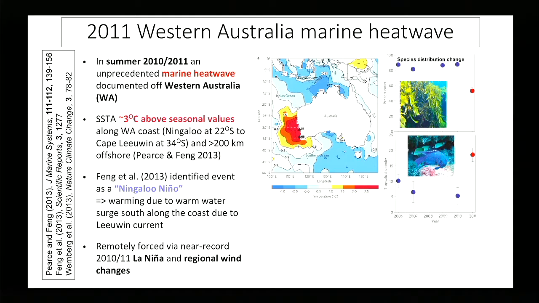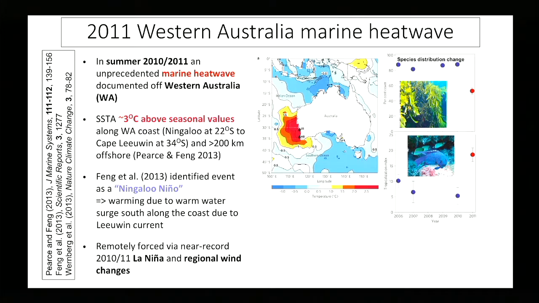There are a number of things called Ningaloo Nino events. I won't go into the details of it here, but effectively the driver of that was linked to the very strong 2010-11 La Nina event and regional wind changes happening here in the eastern Indian Ocean, that together, I think it was about 2/3 La Nina and about 1/3 that, gave it this characteristic Ningaloo Nino type driver representation.